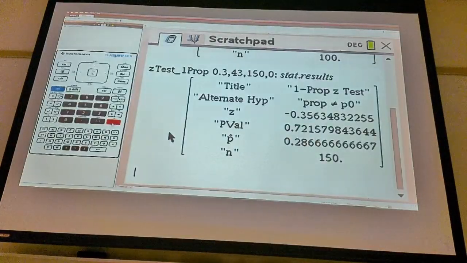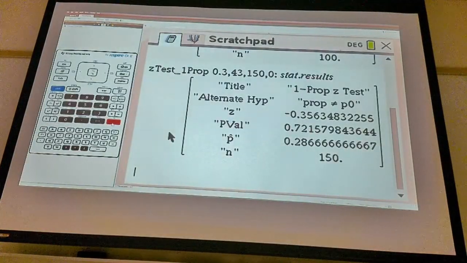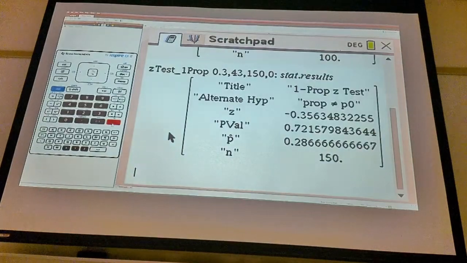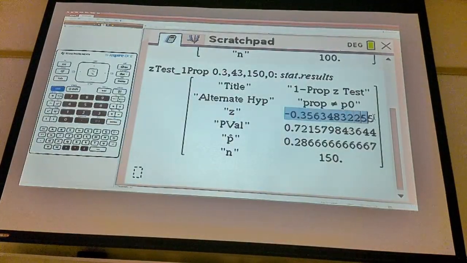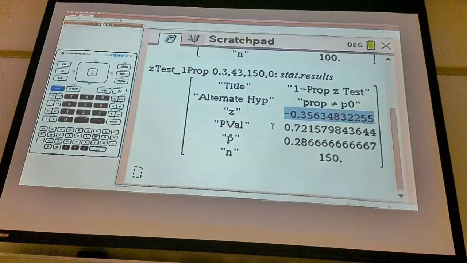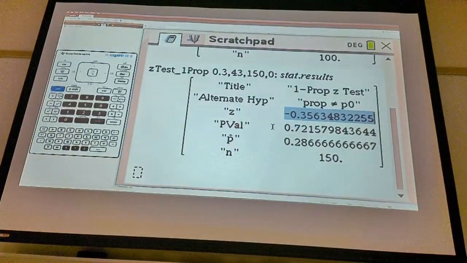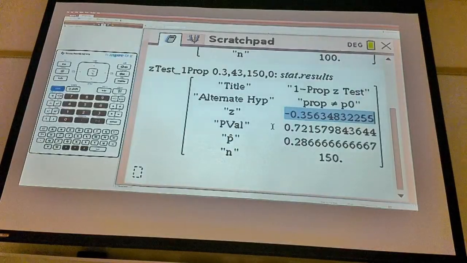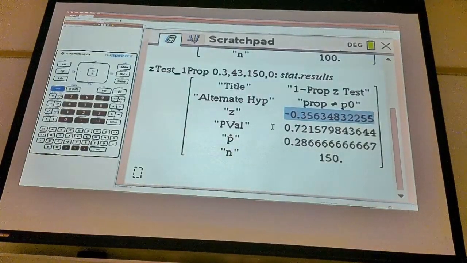And so the p-value is about 0.7215. Notice the difference in the z-scores because I rounded the fraction. I used a decimal instead of 43 over 150. That's what's causing the difference in the values, but it's not a significant difference.